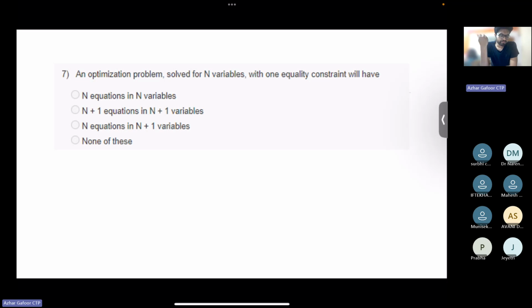If you take the derivative with respect to the Lagrangian multiplier, it will give the equality constraint itself as the equation. So we have n plus 1 equations, and considering the Lagrangian multiplier also as a variable, we have n plus 1 variables also. So option B will be the correct answer.